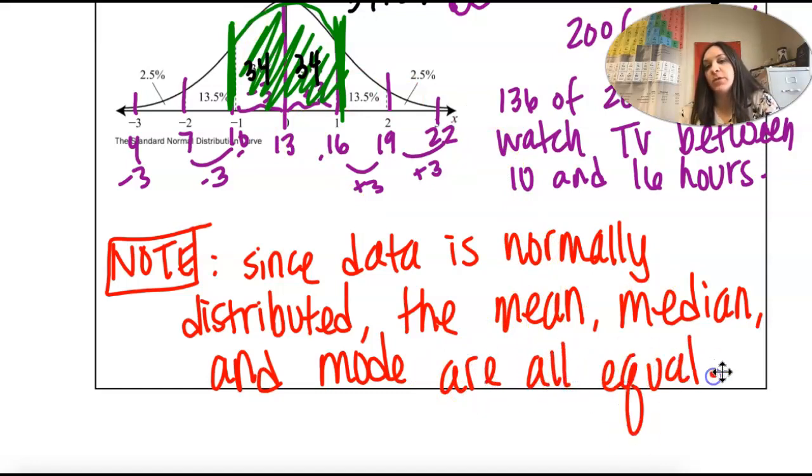They're all the same number. So for this question, 13 is the mean, 13 is also the mode, and the median. You're going to get a question about that.